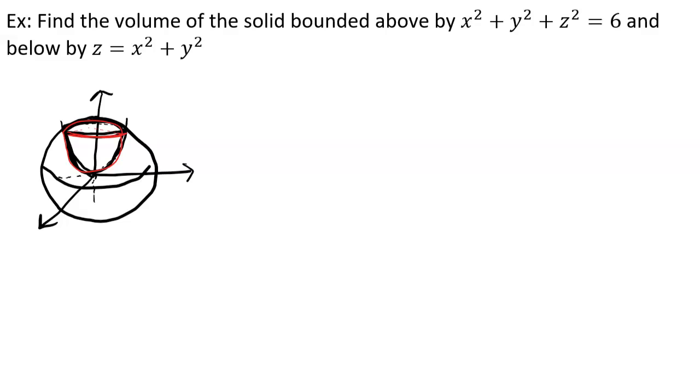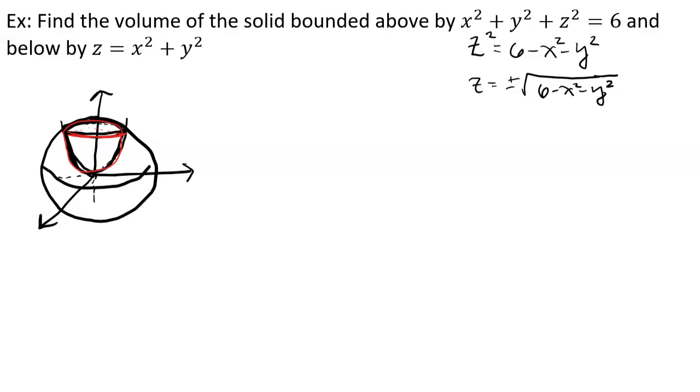So one of the things we're going to have to think about then is, well, our z bounds are somewhat easy to spot once we just solve this one for z, right? We've got z squared is going to be 6 minus x squared minus y squared. And then what we need to do is just take a square root. So z is plus or minus square root 6 minus x squared minus y squared. And then we have to think about which one.